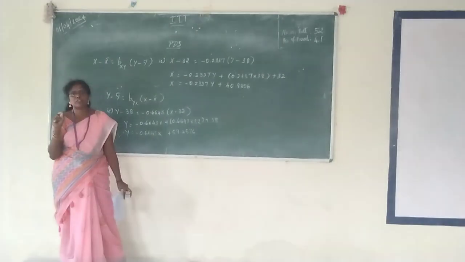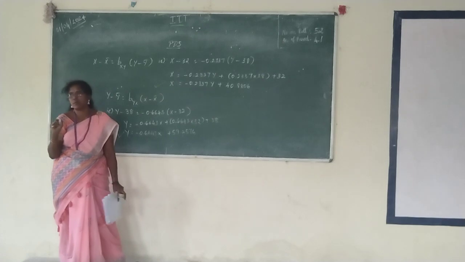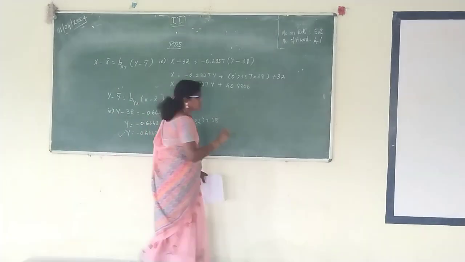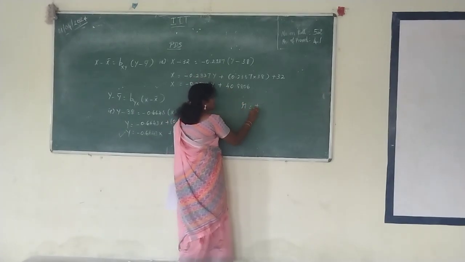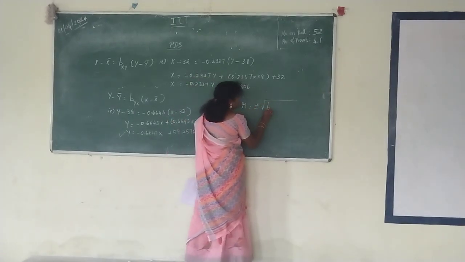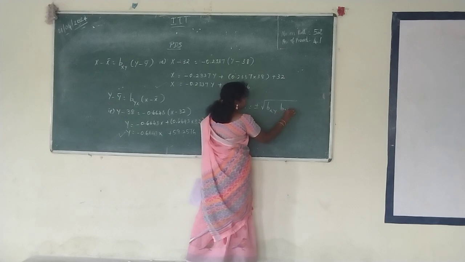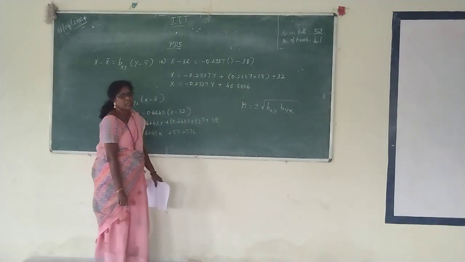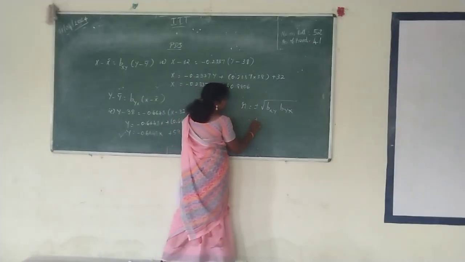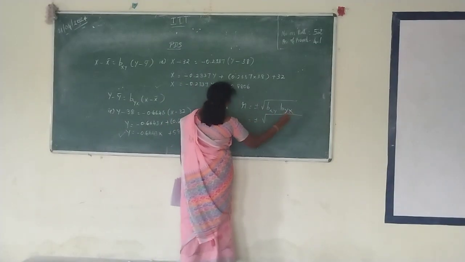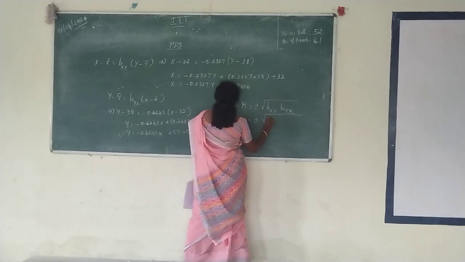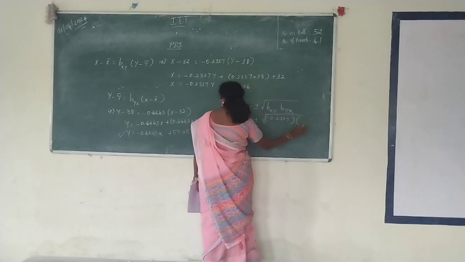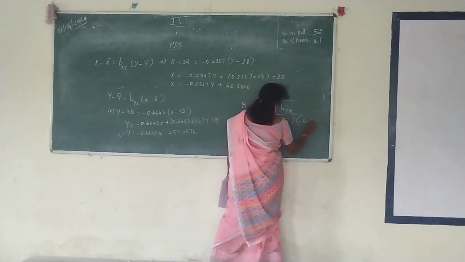Always the correlation coefficient should be represented by small r only, not capital R. If you have written capital R, just change it. r is equal to plus or minus square root of bxy into byx. Substitute the regression coefficients: plus or minus square root of minus 0.2337 into minus 0.6642.